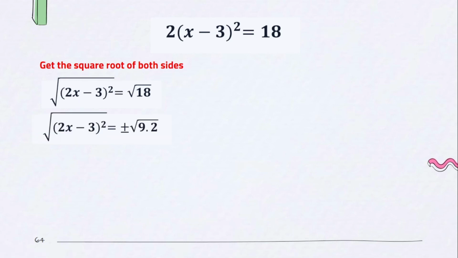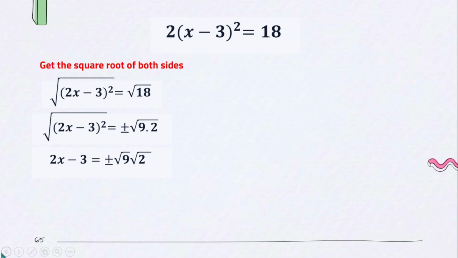The 18 is not a perfect square, so we will find the factors of 18. Remember the table that I gave you earlier. So now, we will have 9 times 2. The 9 is a perfect square, so it will be the square root of the quantity of x minus 3 squared is equal to the positive or negative square root of 9 times 2.